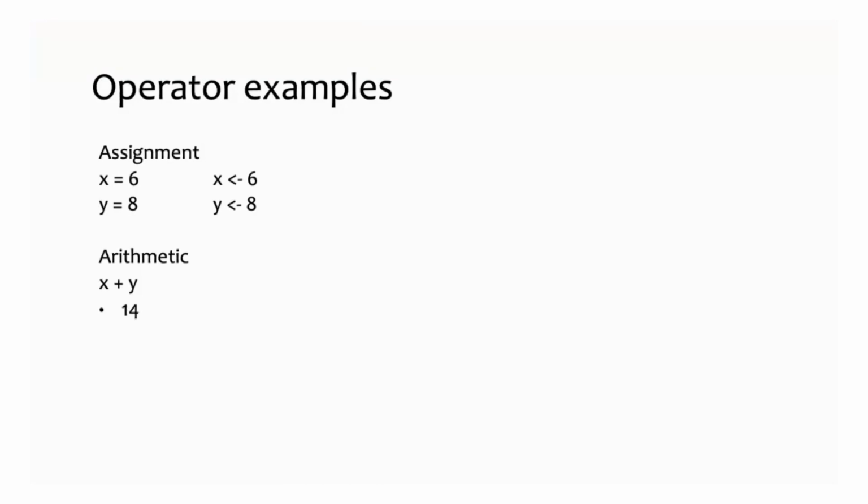In this case, if x was 6 and y is 8, x plus y would be 14. And then relational operator, so we could create the statement x greater than y, and it would return the logical or Boolean value of false. Hopefully that's pretty self-explanatory, and there'll be lots of practice of this in the script that follows along with today's lesson.